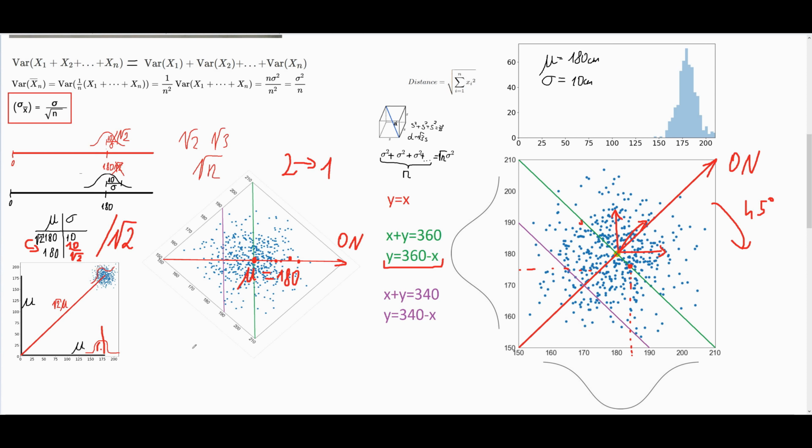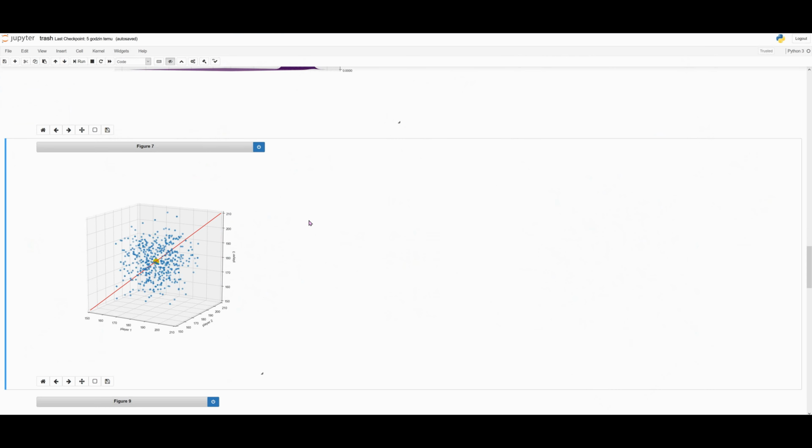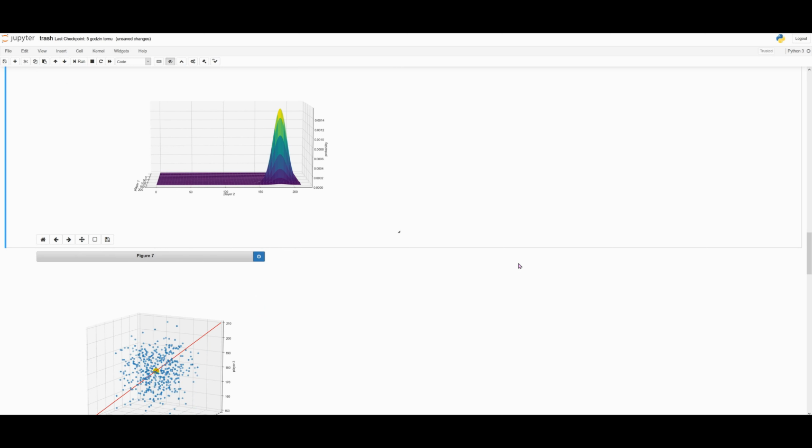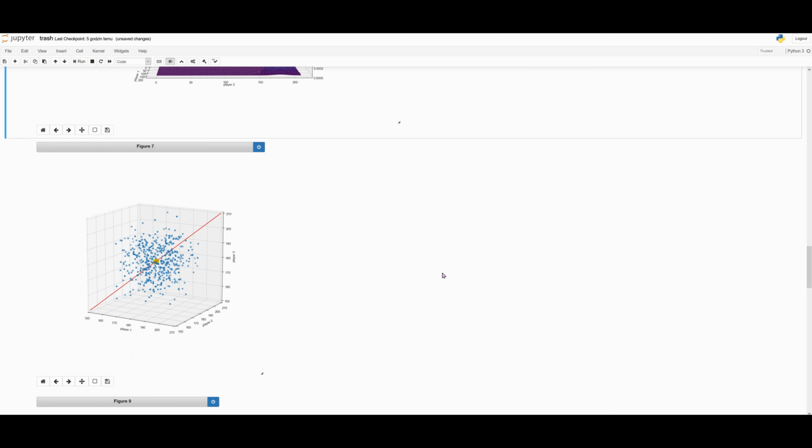Okay? But we have to notice something. We took the simplest distribution, normal distribution. And it's obvious here that we have a standard deviation of this new axis equal to standard deviation of old axis on the graph. It's on the graph. In reality, it's bigger, but on the graph it's the same.